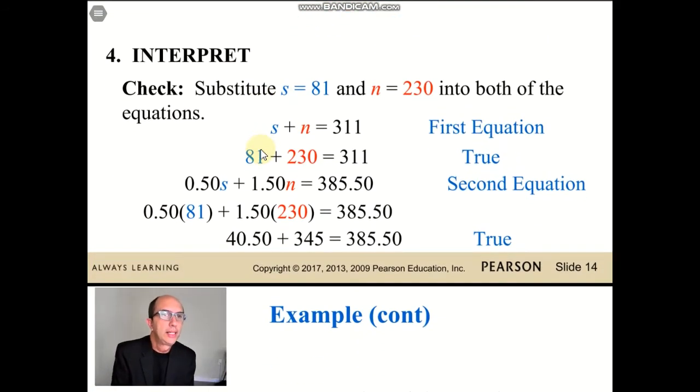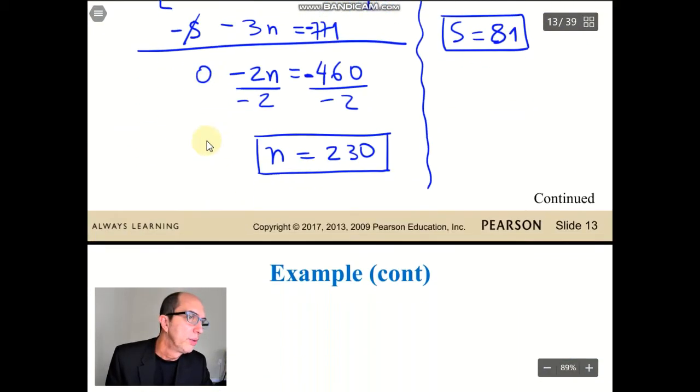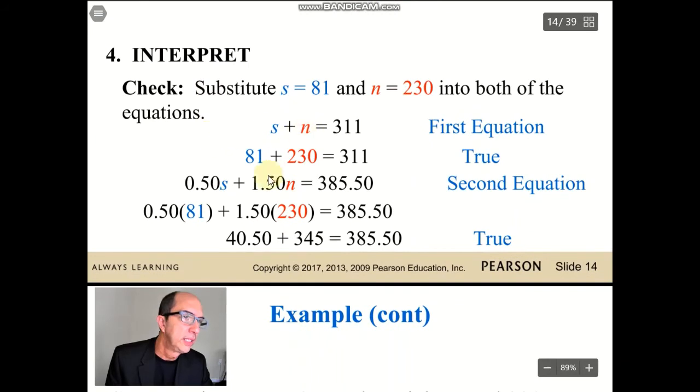Now the last step, interpret the results. Check by substituting the numbers that you found, S equals 81 and N equals 230, in the first and in the second equation.